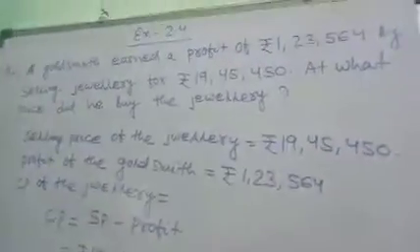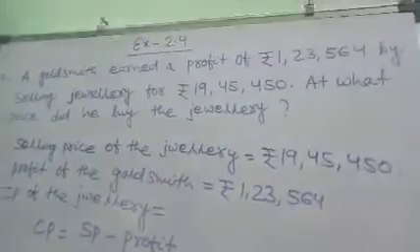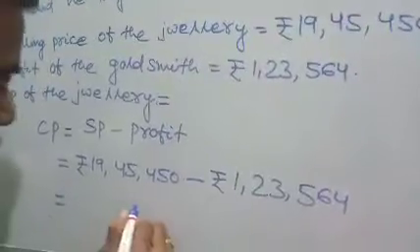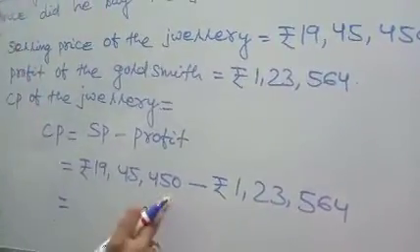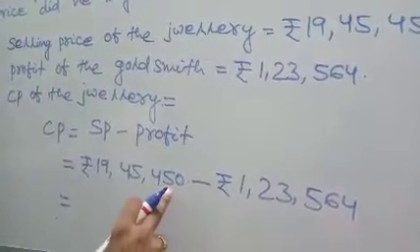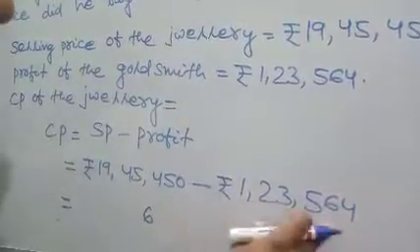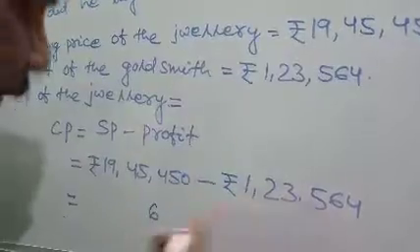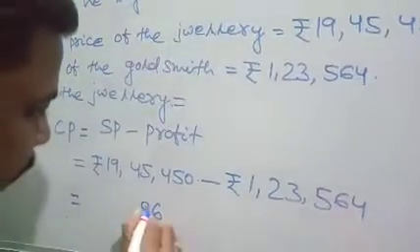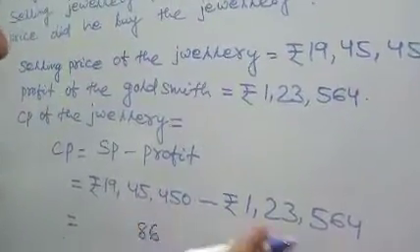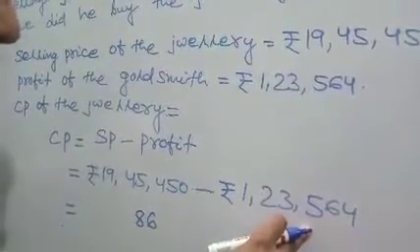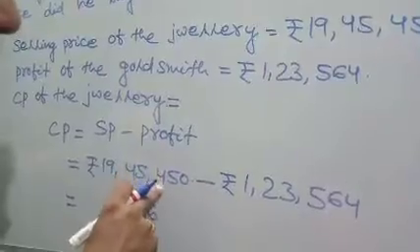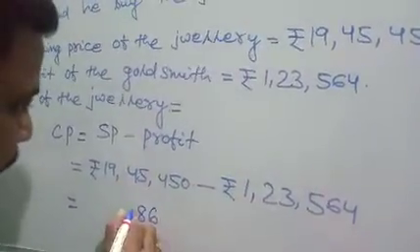Now subtract both the numbers. 10 minus 4, 6. We cannot subtract 4 from 6, so borrow 1, means 14 minus 6 equal to 8. Here is 3. We cannot subtract 3 from 5, then borrow 1, means 13 minus 5 equal to 8.